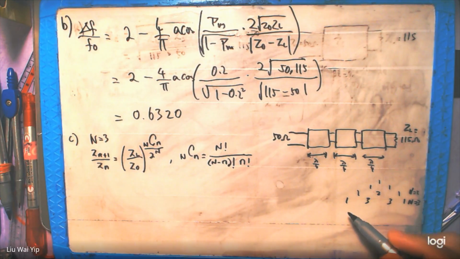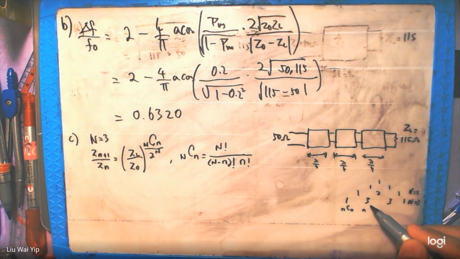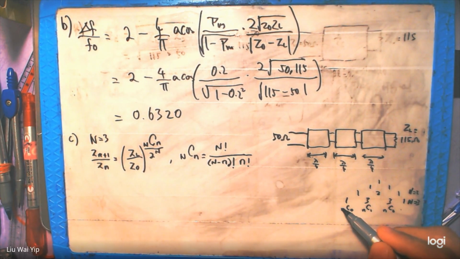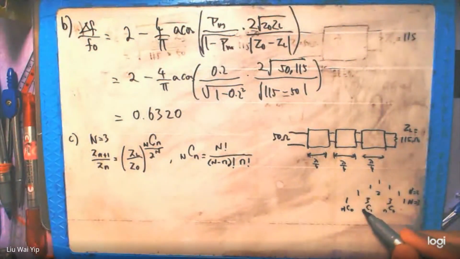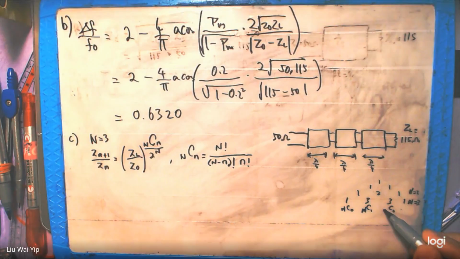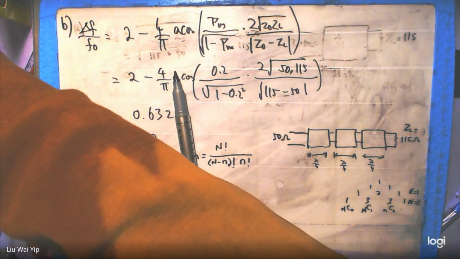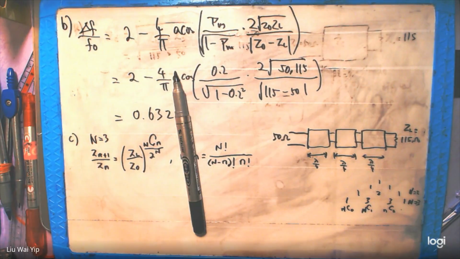So this one is NC0, this one is NC1, and this one is NC2. I should use a different way to express it.